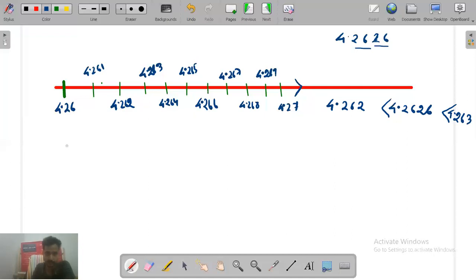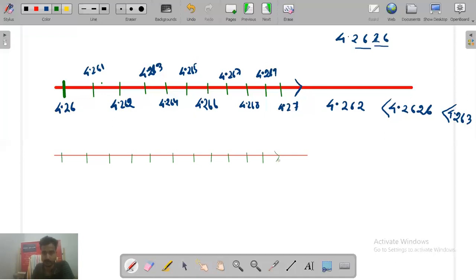Okay, so let me draw one line again. One, then 2, then 3, then 4, then 5, then 6, then 7, then 8, then 9, then 10.